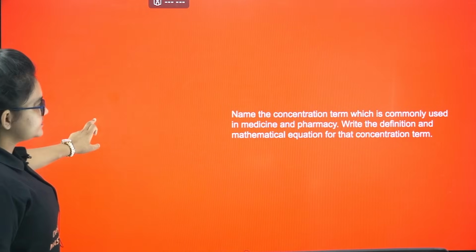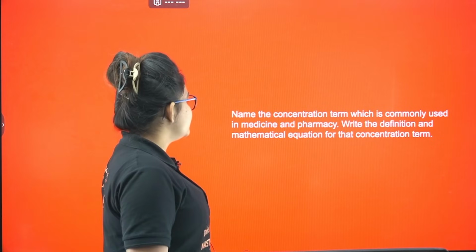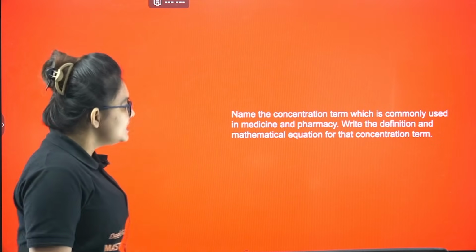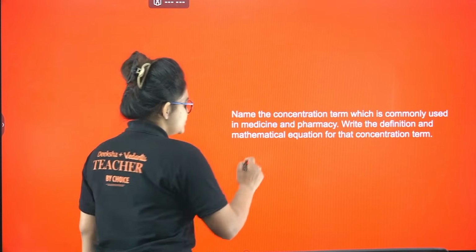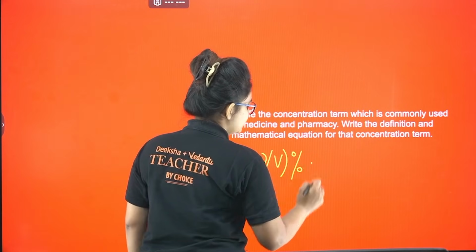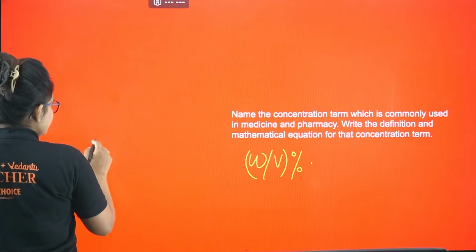Let's proceed. Name the concentration term which is commonly used in medicine and pharmacy. Write the definition and mathematical equation for the concentration term. So weight by volume percentage, this is something that we use for pharmaceutical purposes. How should we do it?